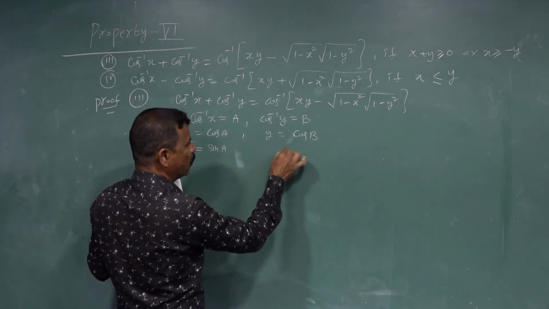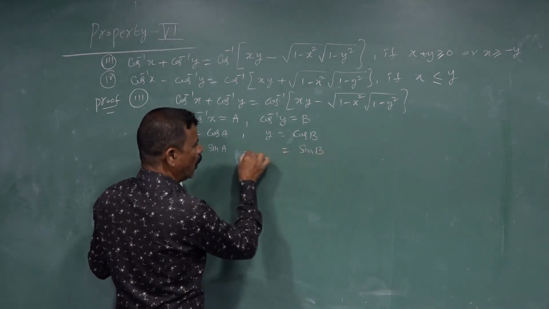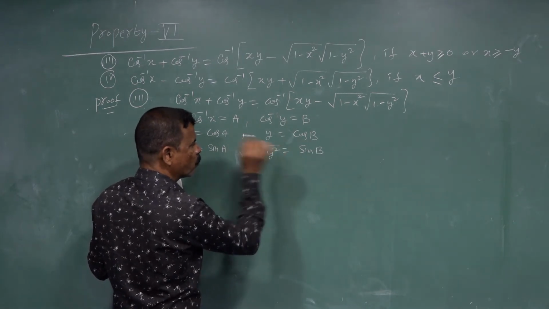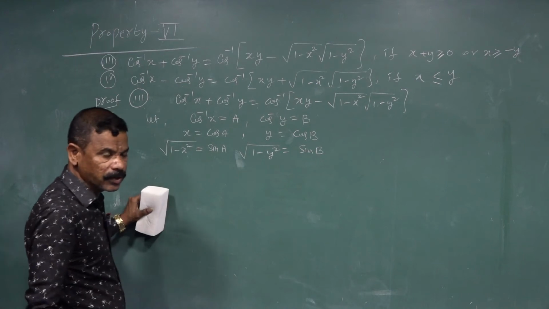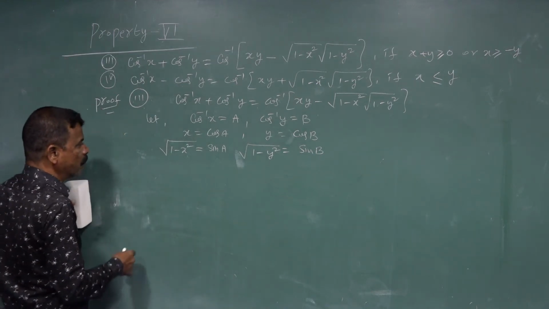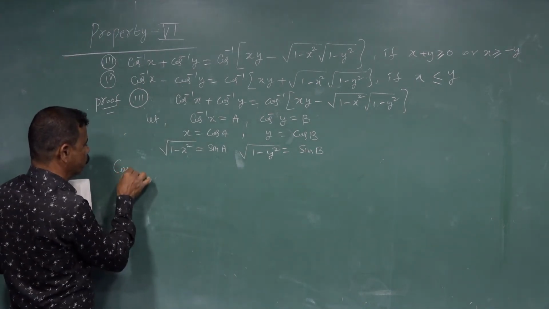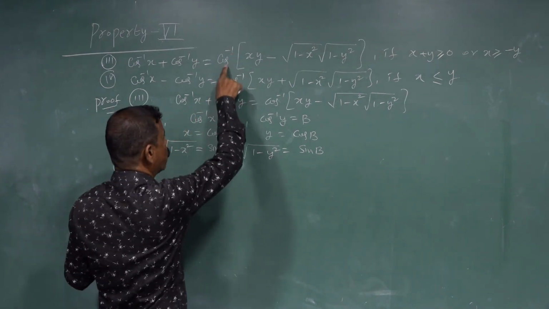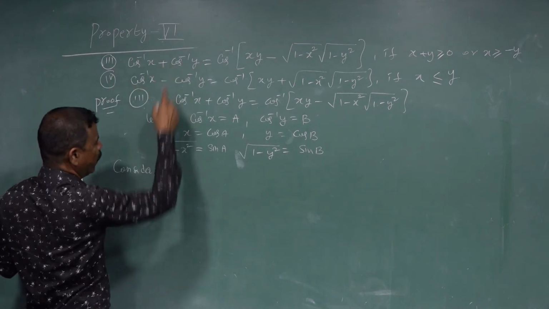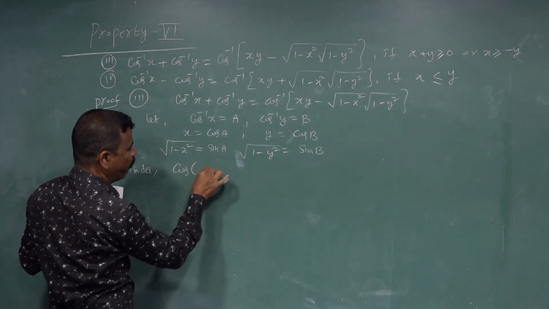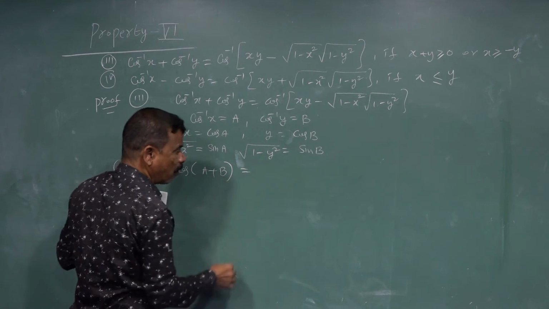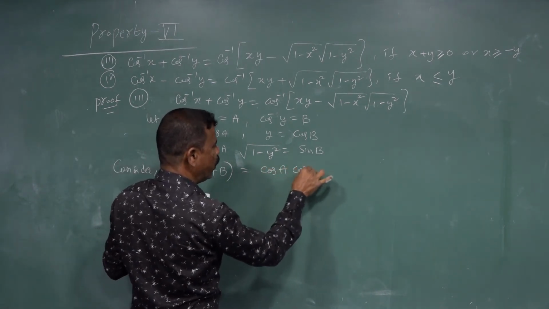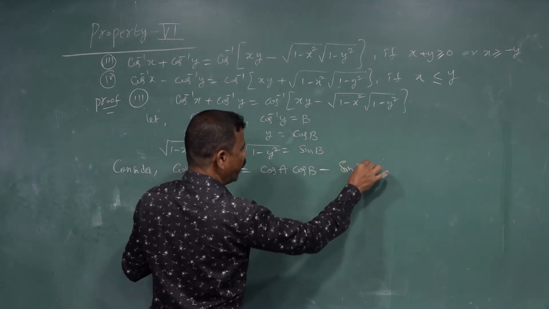Similarly, sin b is equal to the square root of 1 minus cos square b, that is, the square root of 1 minus y square. From this, consider which formula? Here we have cos inverse, so consider cos of a plus b. The cos a plus b formula is cos a cos b minus sin a sin b.